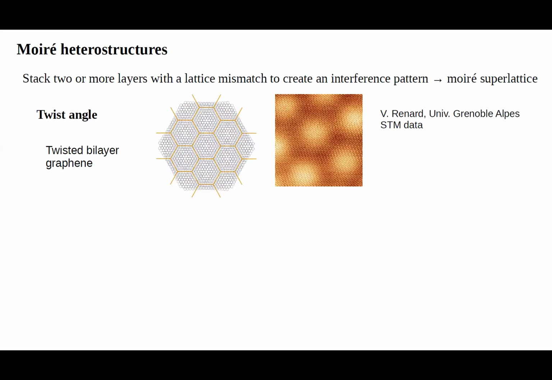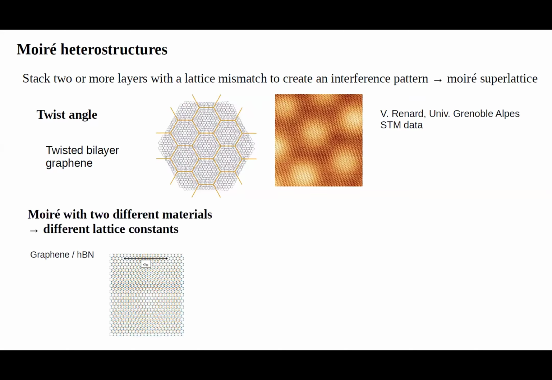It's not the only one. You can also use two different materials with a different lattice constant. So a common example would be graphene on hexagonal boron nitride. And it's an interface that's very common because it's common to encapsulate graphene in hexagonal boron nitride.